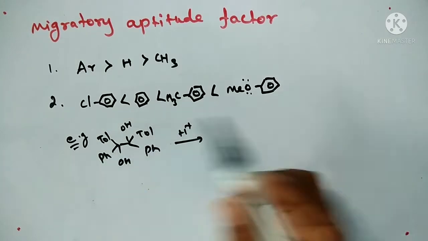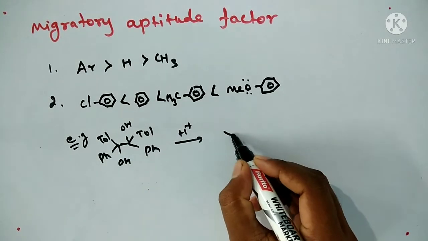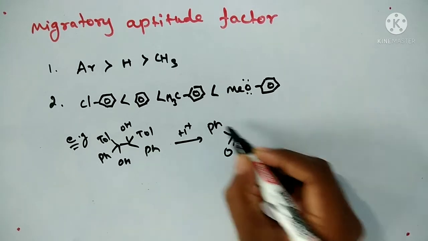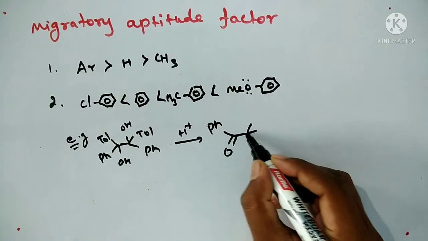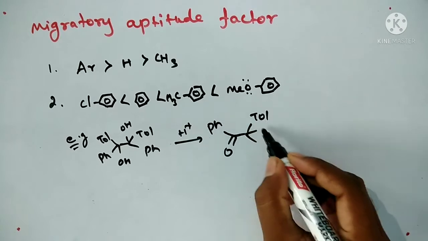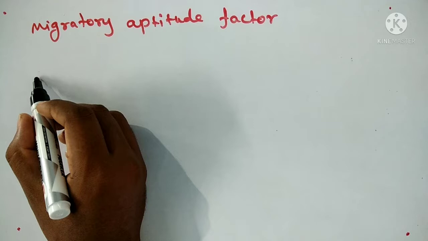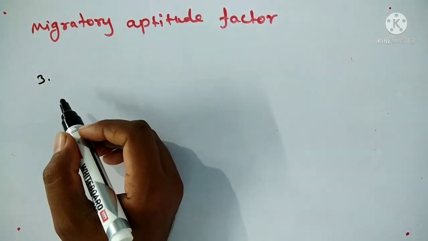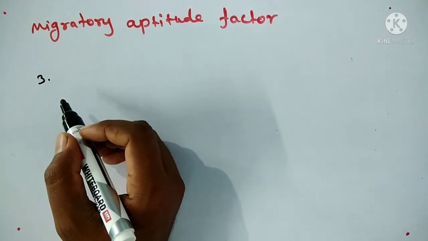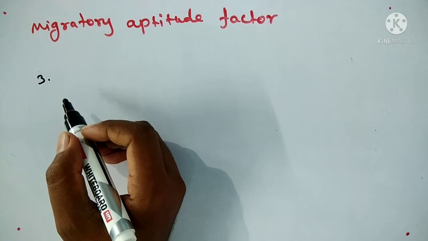So the tolyl will migrate, and the product is phenyl, tolyl, tolyl and phenyl.